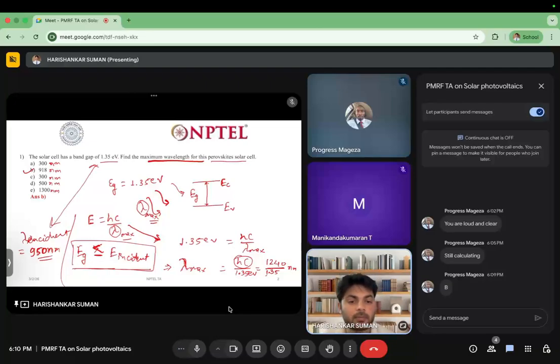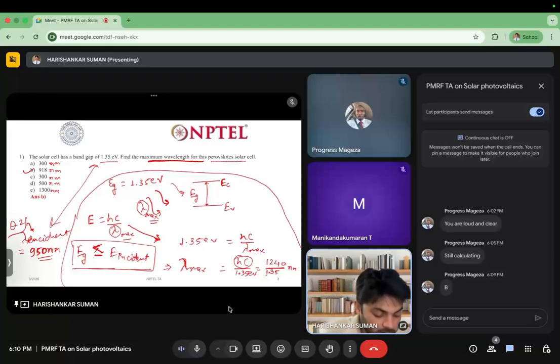Please type in the chat box. I am asking: you have an incident photon with wavelength 950 nanometer, and you have band gap 1.35 eV. Will this band gap material absorb this incident photon?